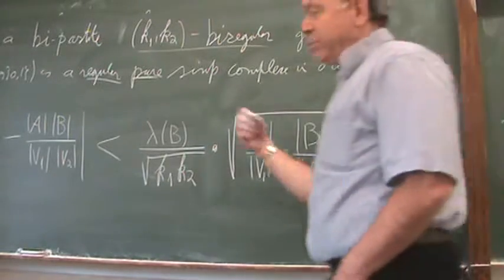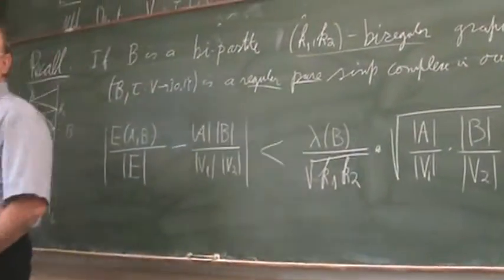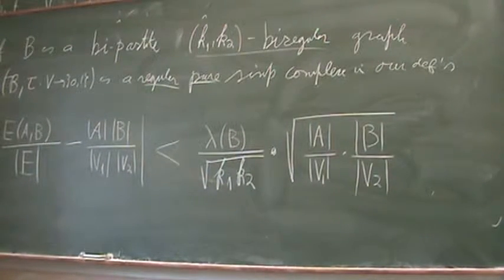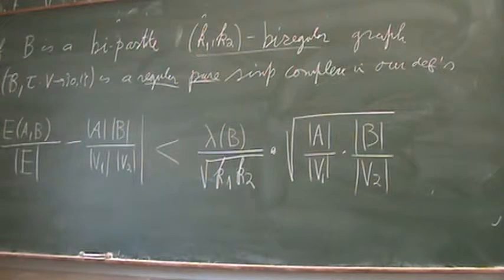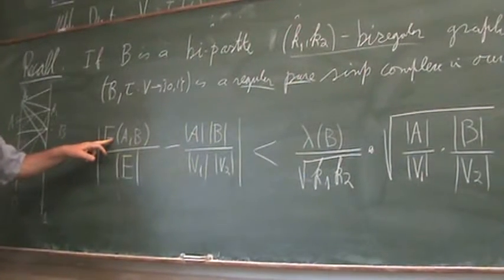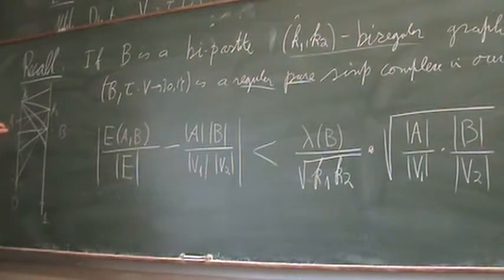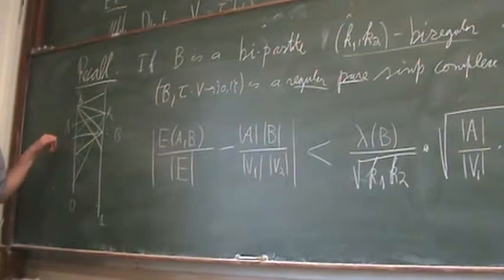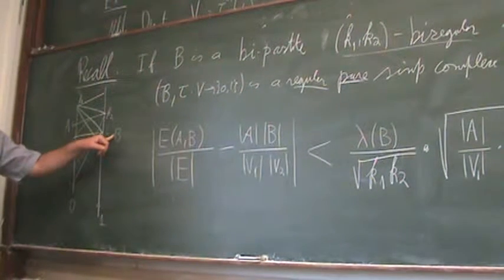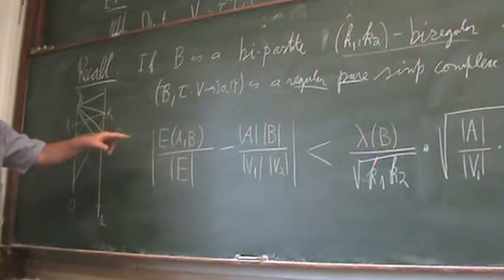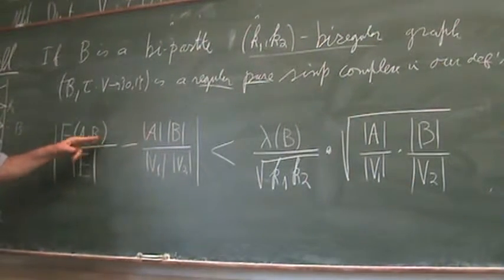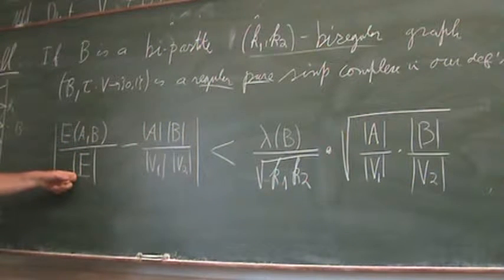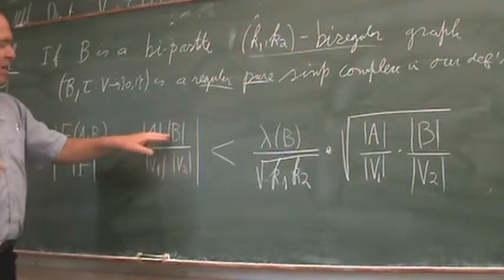So now think about it in the terminology of today. I really had to define already the discrepancy. And really what I showed you there is that this is exactly the discrepancy of the two subsets A and B. This is like today, A0 and A1, right? And I ask how many edges from A0 to A1, divided by the total number of edges. And this is the right proportion.